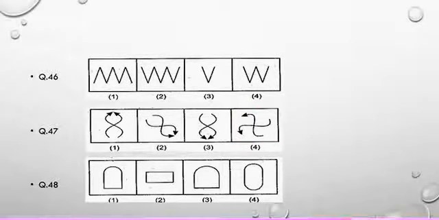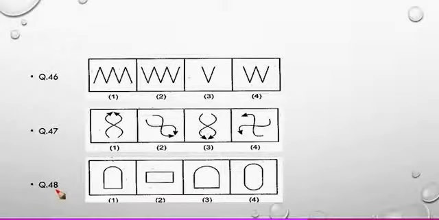Let's go to question number 48. In question number 48, four options are given. We can see that problem figure 1, problem figure 3 and problem figure 4 have one or two sides that are curved.